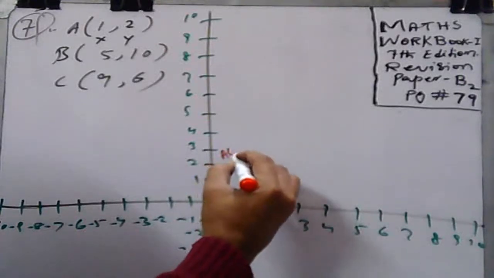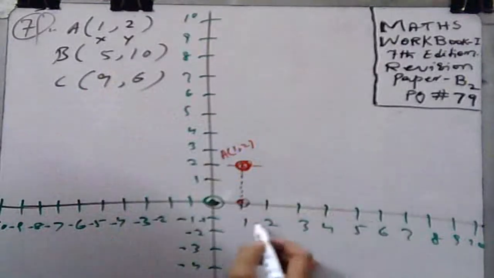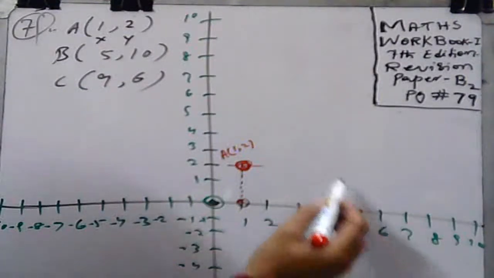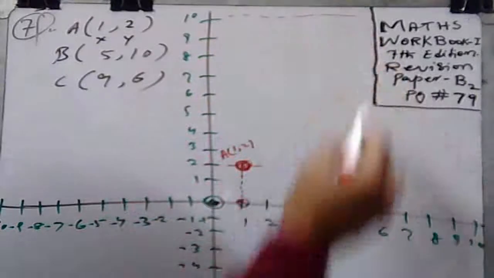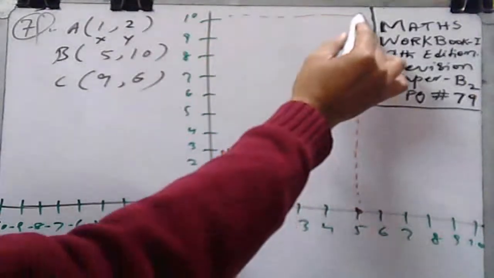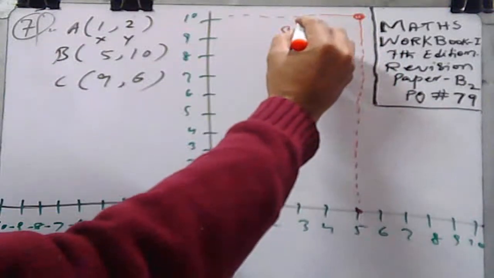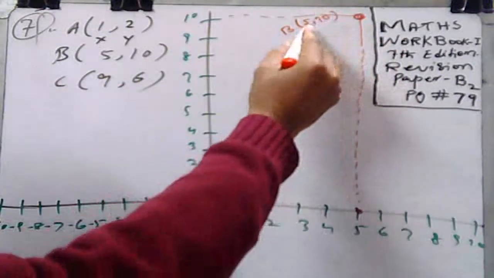Now point B is 5 and 10, x is 5 and y is 10. First is x, second is y. Y is up and the horizontal value is x.